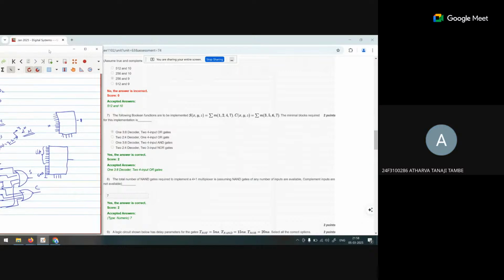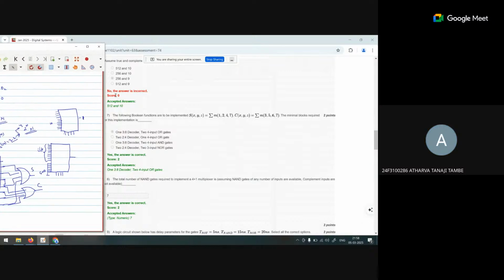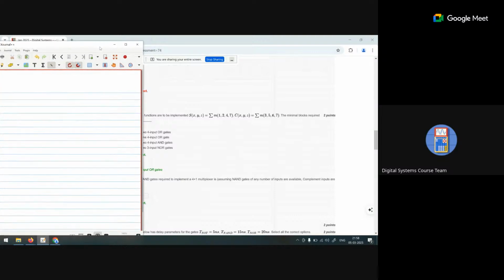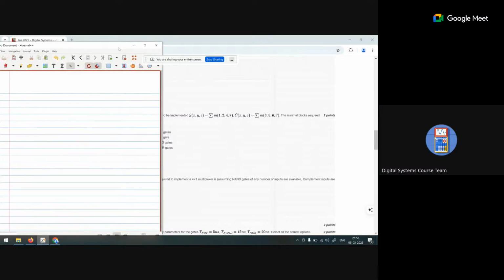The same approach is for the 8 question also, no? The total number of NAND gates required to implement a 4x1 mux. Okay, you have to design a 4x1 mux. If I write the mux equation, it has 4 inputs, 2 select lines, 1 output.